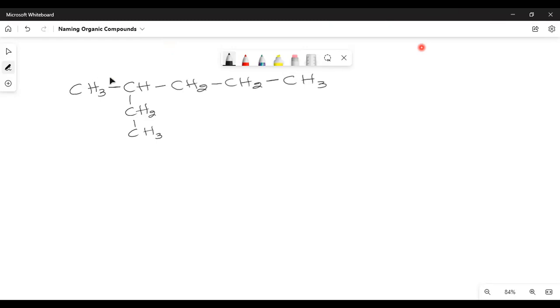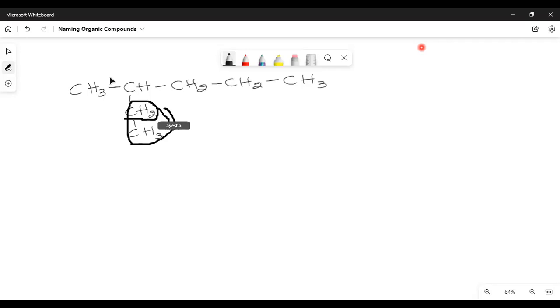When the parental branch, should I make it separately or together? Like, separately or together? For the parent chain, like this part, is it like this or like this?